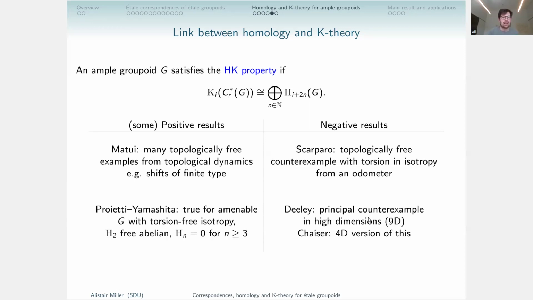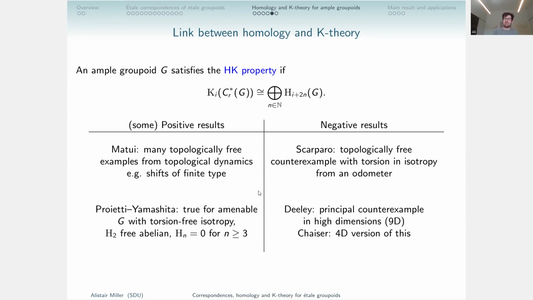And Valerio Proietti and Makoto Yamashita actually prove it in a low-dimensional setting, where you have the homology vanishing for dimensions 3 and above, H2 free abelian, and again this torsion-free isotropy condition is crucial. They prove it by shedding a bit more light on what is really going on.